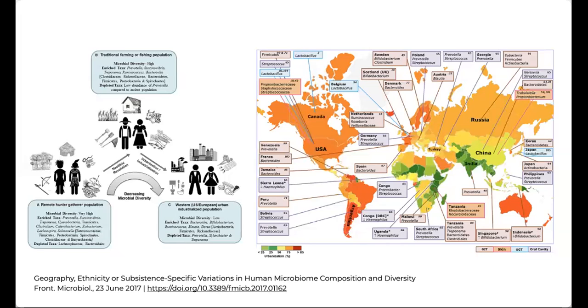With this map, you can see that it gives us a sense of what types of bacteria are specific to specific regions, and that gave rise to the idea of these enterotypes that are specific to responses to food habits, general well-being, lifestyle habits, etc.